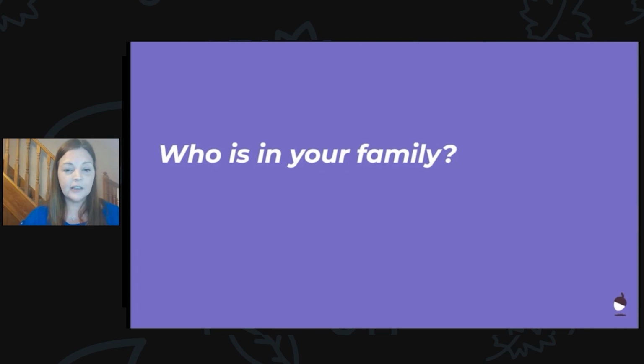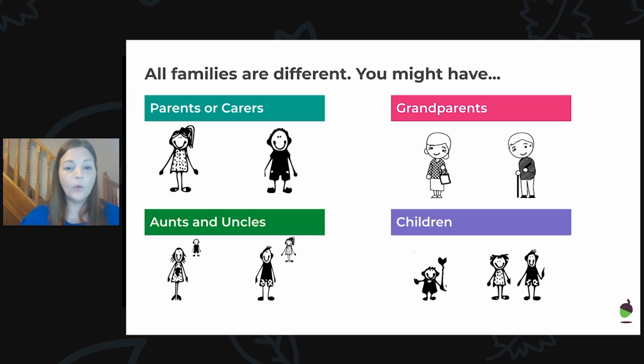So the first thing we're going to do is think about who is in your family. All families are different and they're made up in different ways. You might have a mum and a dad that you live at home with. You might just have a mum that lives at home with you, or you might just have a dad, or you could even have carers that live at home and take care of you.